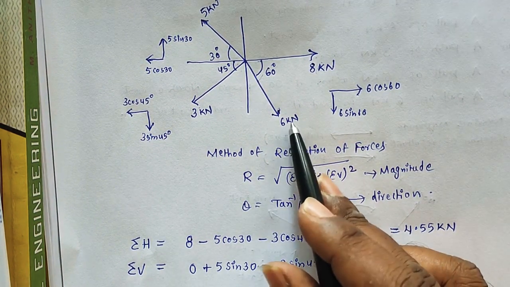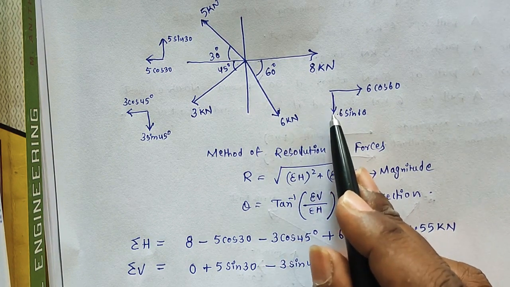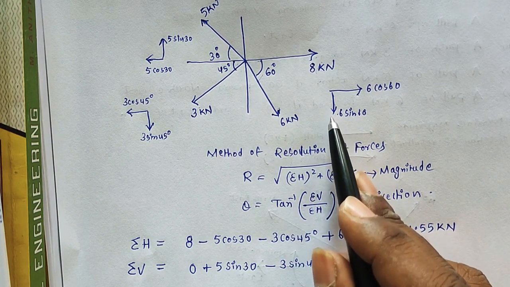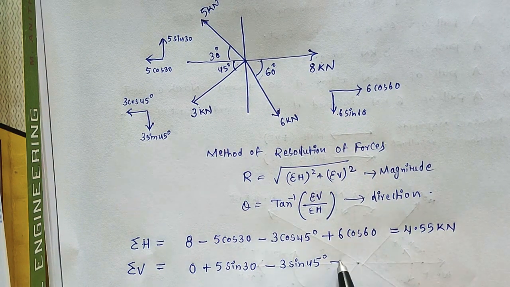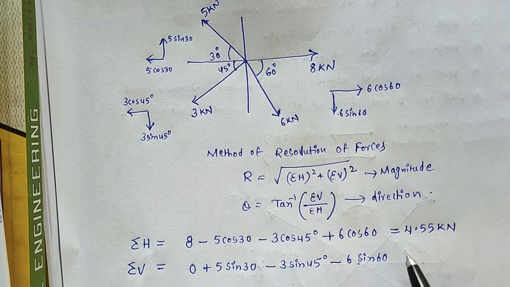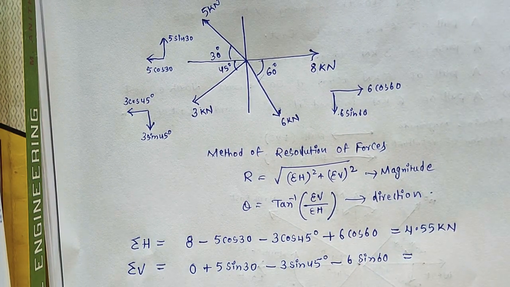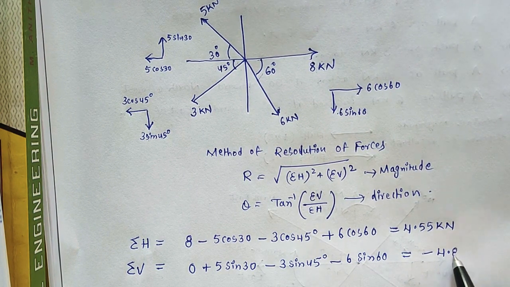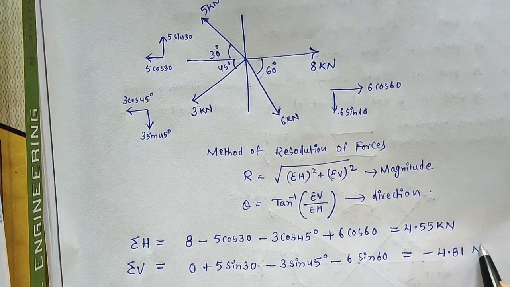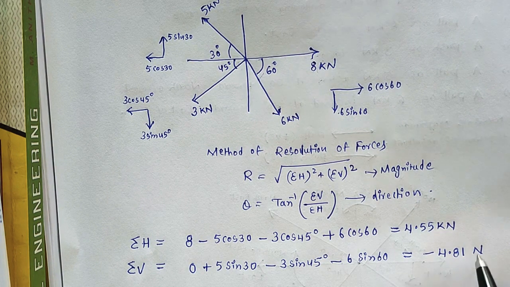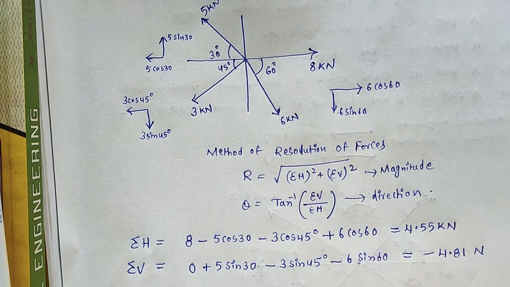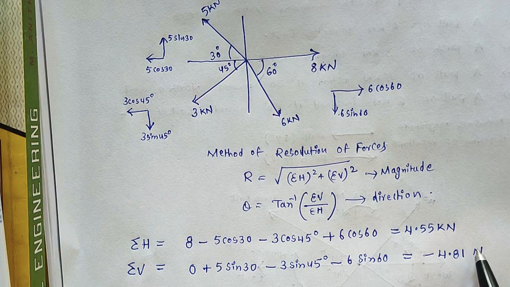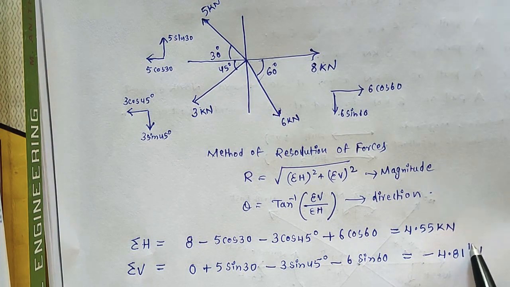For 6 kilonewton, the vertical component 6 sin 60 acts in the negative y-axis direction, or downward direction. That's why minus 6 sin 60. If you calculate, you will get an answer of minus 4.81 kilonewton.